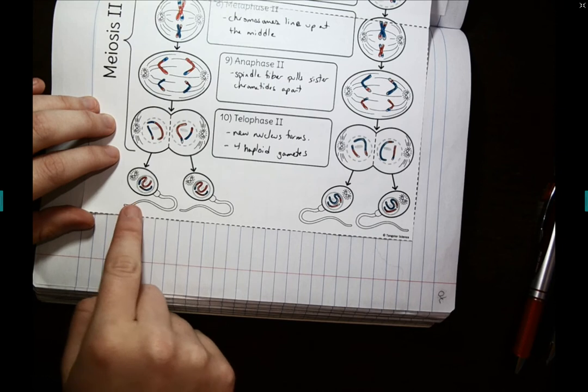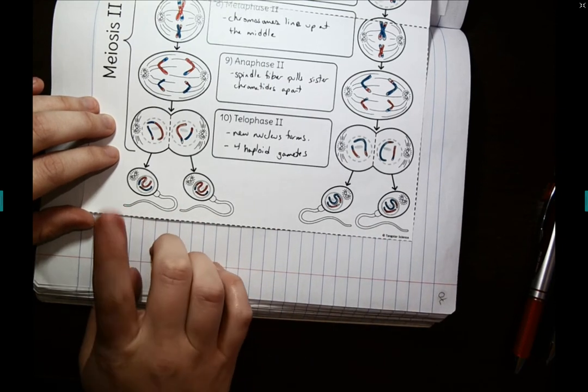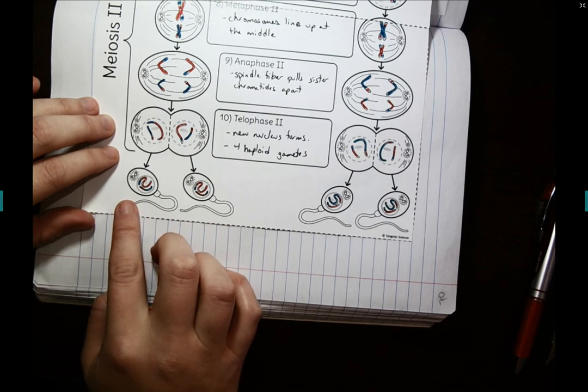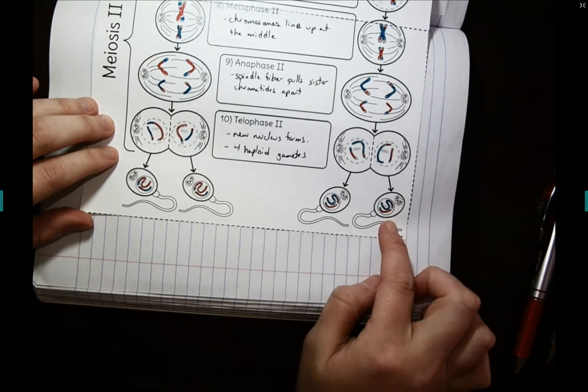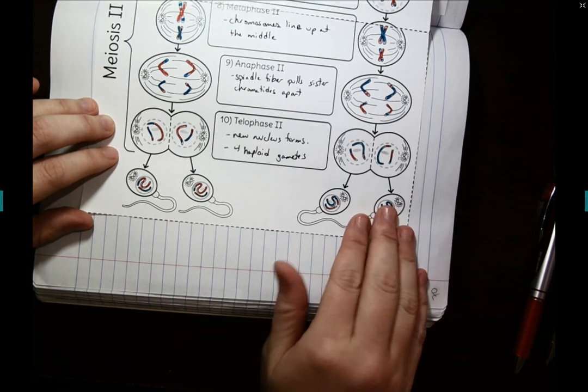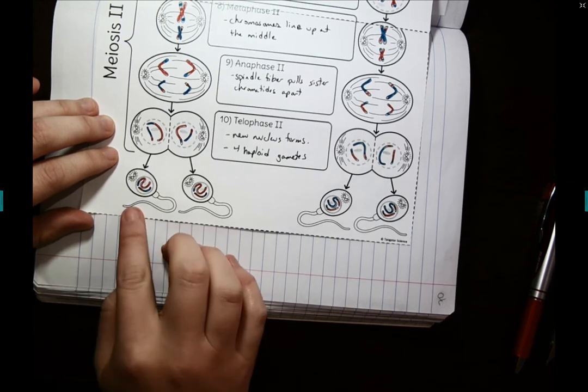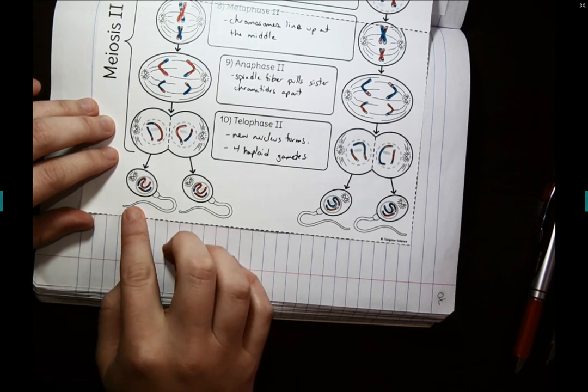But again, the same thing would happen with females, except we would end up with 1 usable egg and 3 polar bodies, which basically are junk. They get thrown away. And a female only ends up with 1 actual viable egg that could go on to be fertilized. If you have more questions or you're interested in what happens with females, let me know.